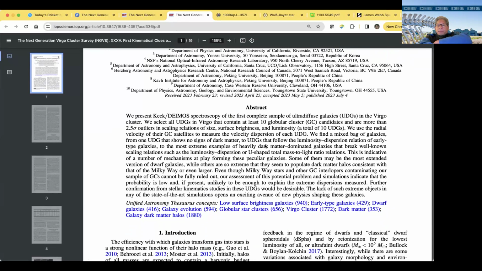How many galaxies were in this paper, Elisa? How many UDGs? Ten. Ten UDGs. Okay.